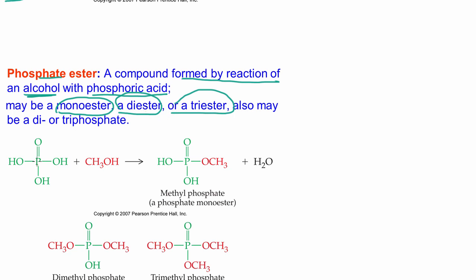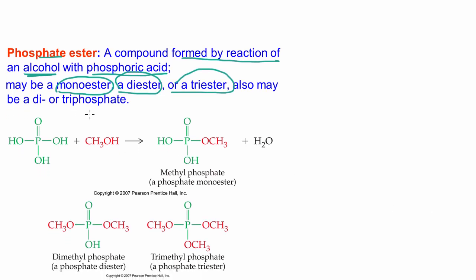Okay, so here we have a phosphorus bonded to 3 OH groups, and then this double bond here between the phosphorus and the oxygen, and that reacts with an alcohol, just like a carboxylic acid. So here, rather than a carbon, we have a phosphorus that has a double bond to an oxygen, then a single bond to this alkoxy group. Okay, so this would be the phosphate ester part.